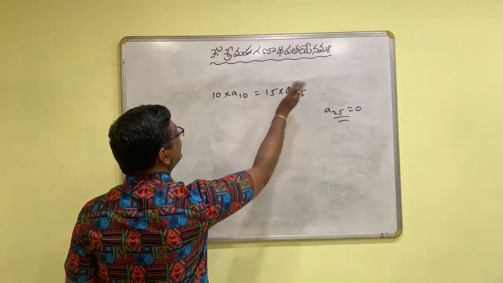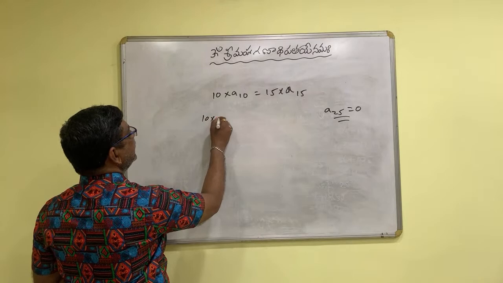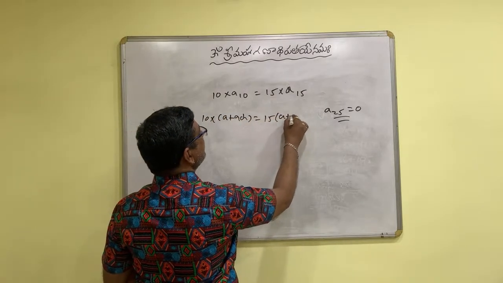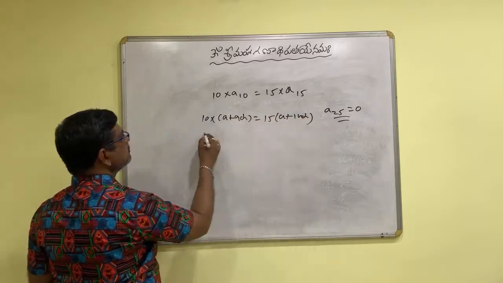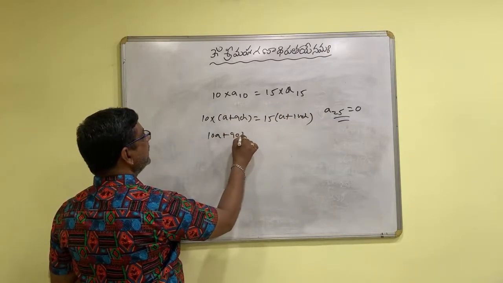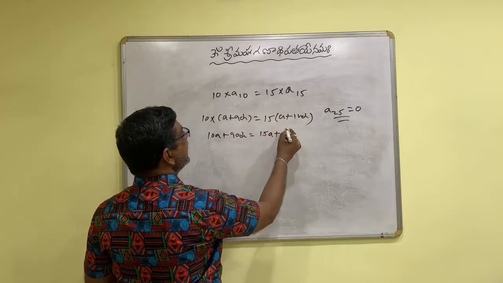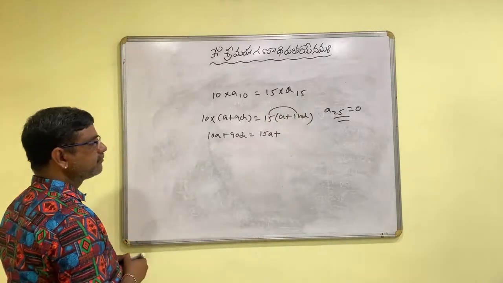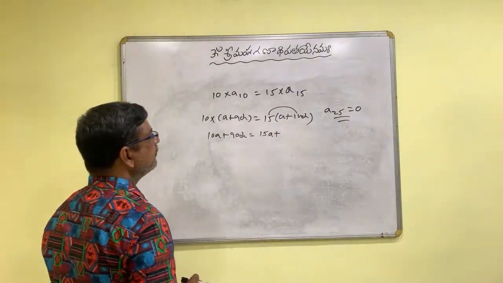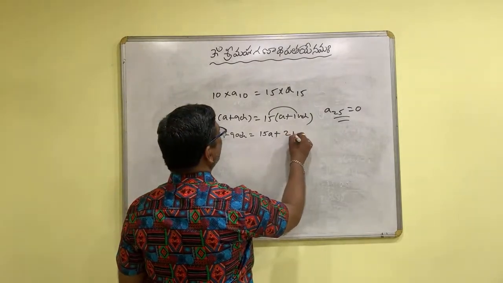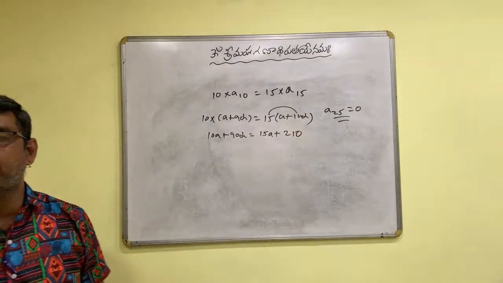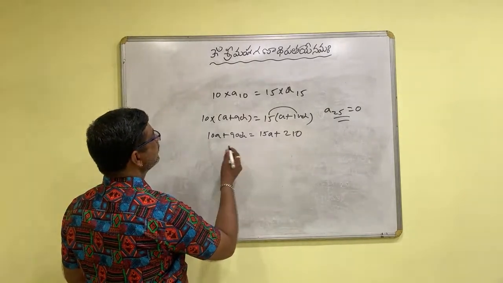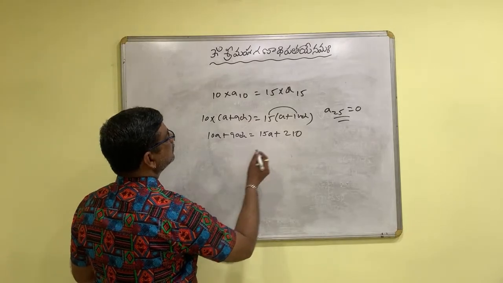So 10 into A10 is equal to 15 into A15. 10 into A10 means 10 into (A plus 9D), and 15 into (A plus 14D). Simplify: 10A plus 90D equals 15A plus 15 into 14. How much is 15 into 14? Anyone? 210. So 210D.